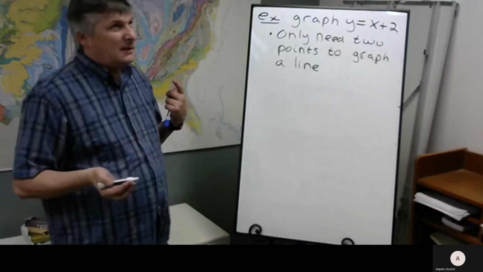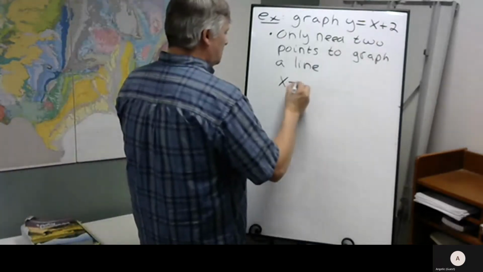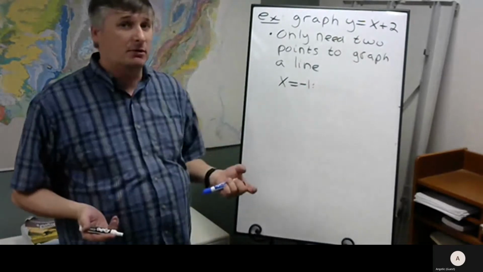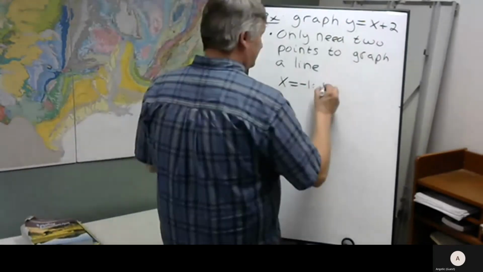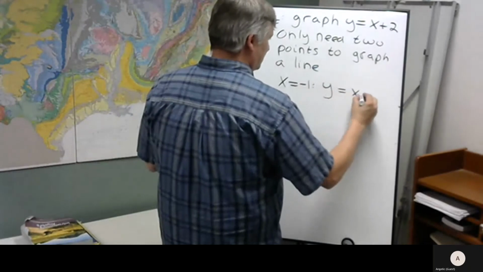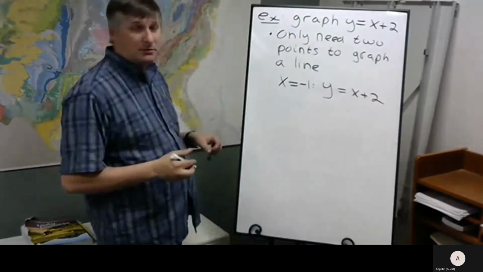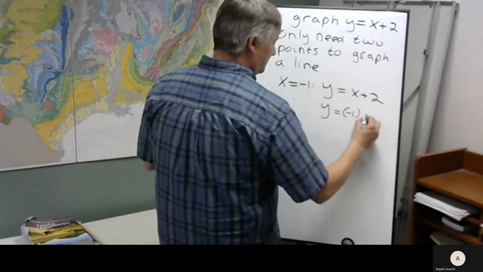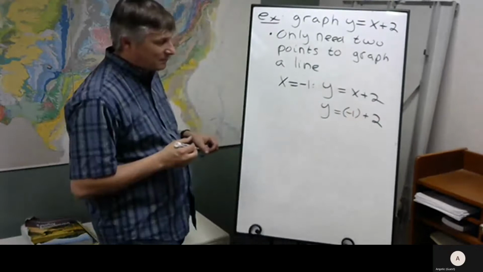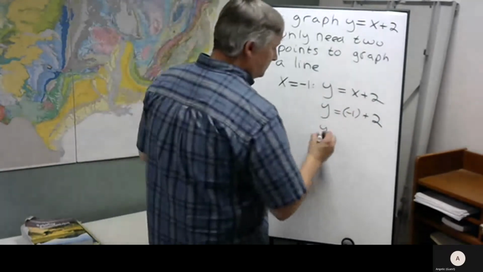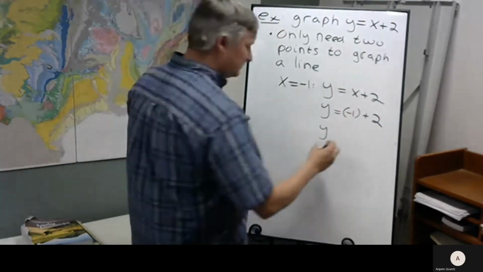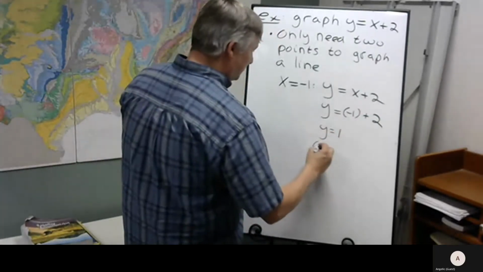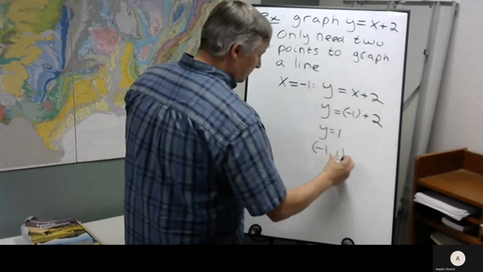So I'm going to pick, say, x equals -1. So I'm going to generate a point using x is -1. So that means y is x plus 2, or y is -1 plus 2, or y is equal to, well, -1 plus 2 is just 1. So we get a coordinate pair or ordered pair of -1, 1.